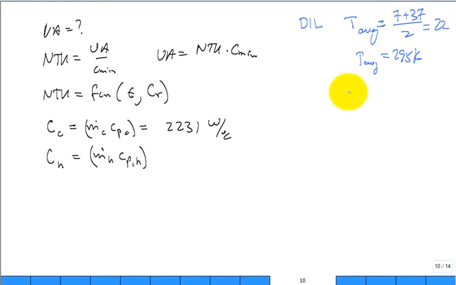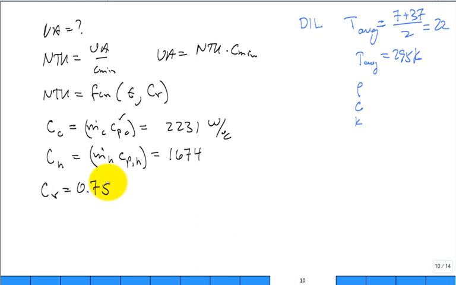So we can get for the oil the density, the specific heat, viscosity, thermal conductivity, Prandtl number, whatever properties we want. All right. So that was for the cold fluid to give us the heat capacity rate of the oil, 2231. The heat capacity rate of the hot fluid is 1674. So C sub R, the ratio, is 0.75.